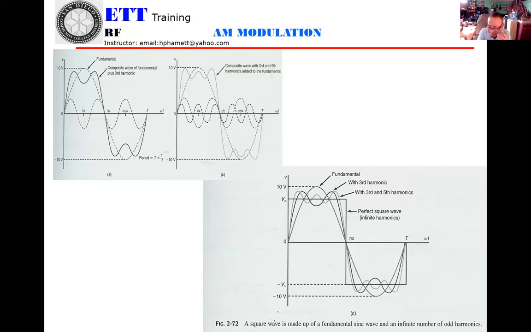Equal what? Nobody tell me? What is the bandwidth of a 1 kilohertz sine wave? Isn't it 1,000 hertz? Okay, you say 1,000.